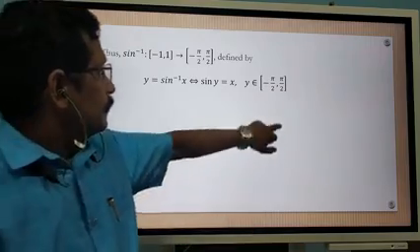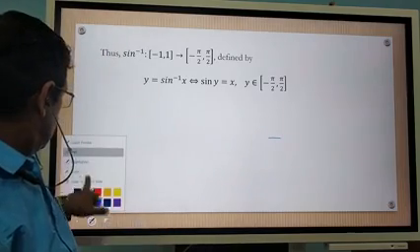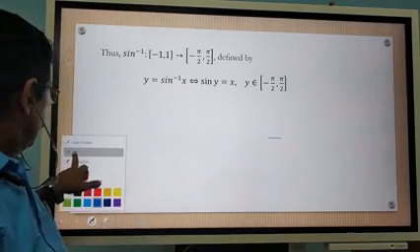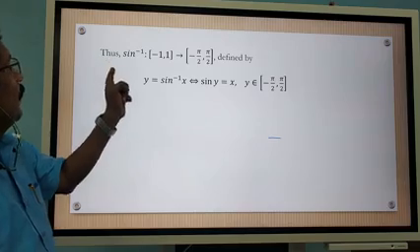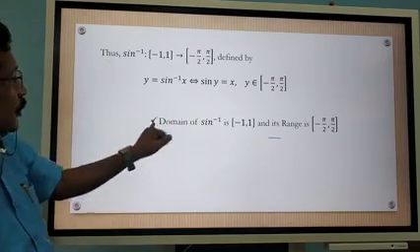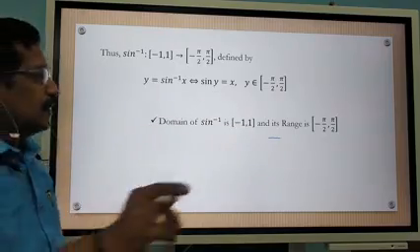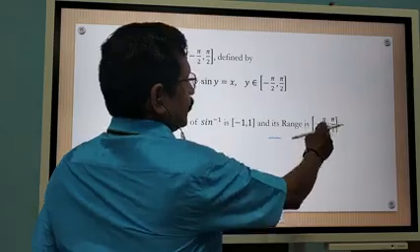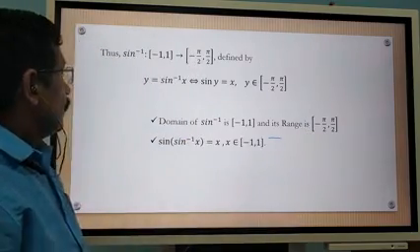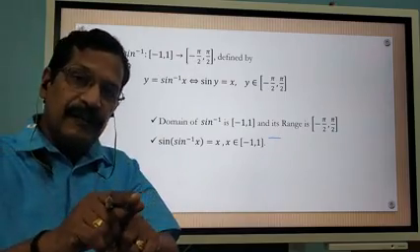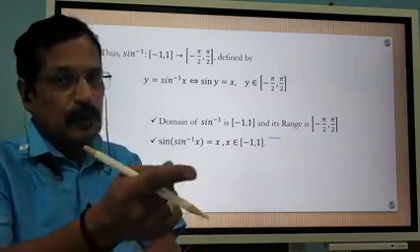Continuing, the domain of sine inverse is minus 1 to plus 1 and its range is minus pi by 2 to plus pi by 2. Now, f of f inverse of x is equal to x.